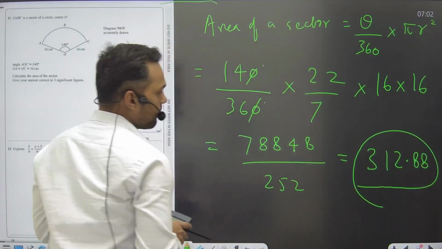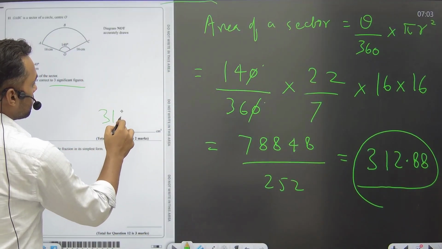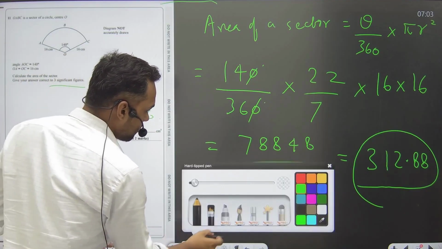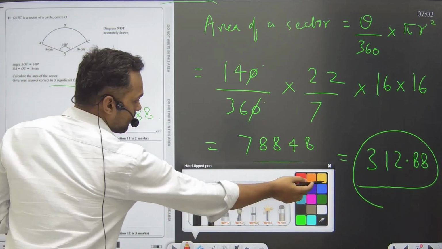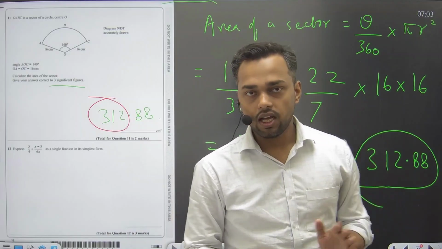This is our value, students. They have asked for 3 significant figures, so only these 3 figures will be counted. So 312 will be your solution. Anyway, I have calculated it for you. This is the answer to this question.